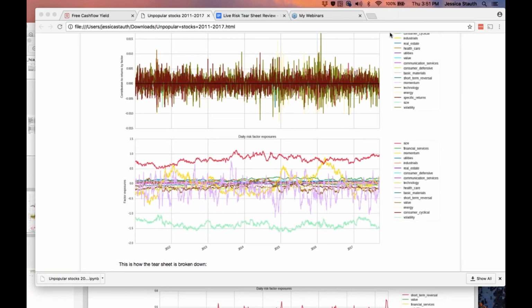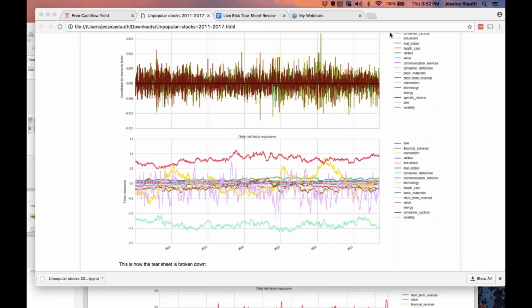So we are trying to first split the sectors and the styles and then plot them separately, providing both the cumulative returns and the daily returns, also providing the ratio between the volatility of common factor returns and the volatility of returns, to understand what portion of your portfolio returns comes from your common factor returns.